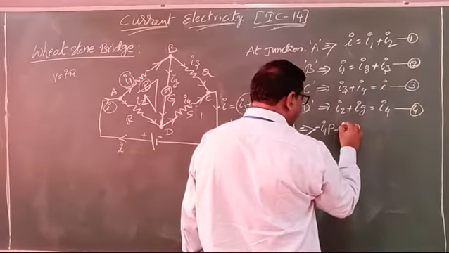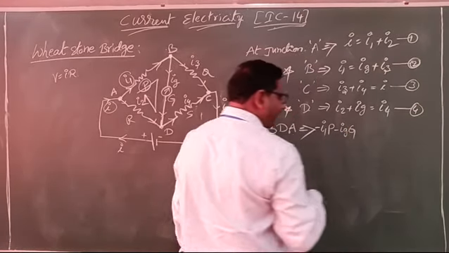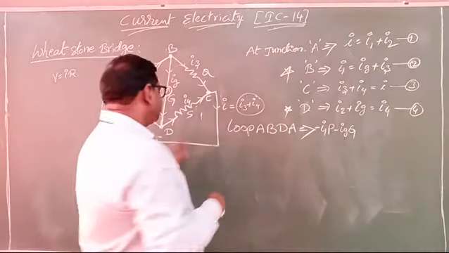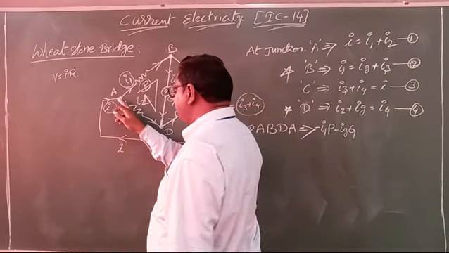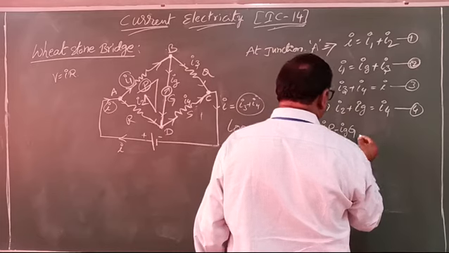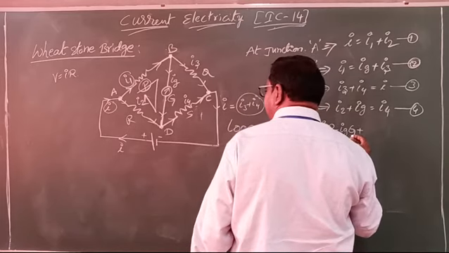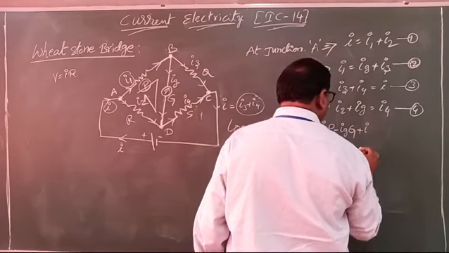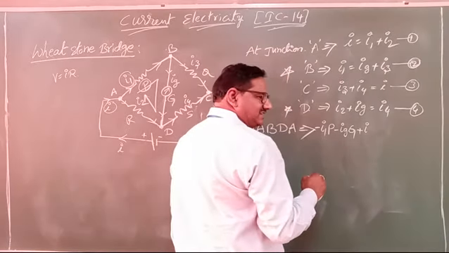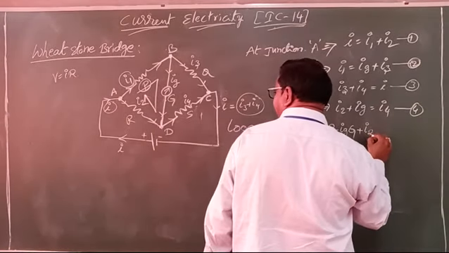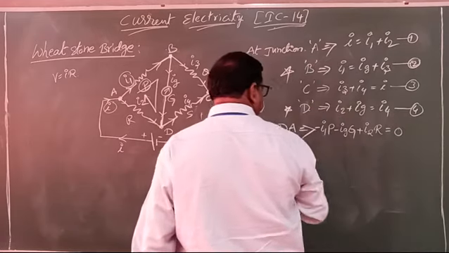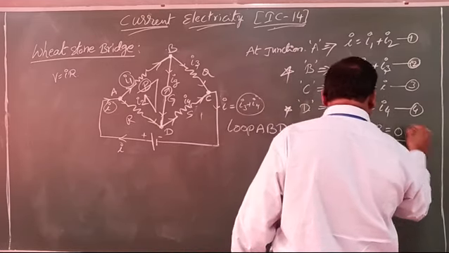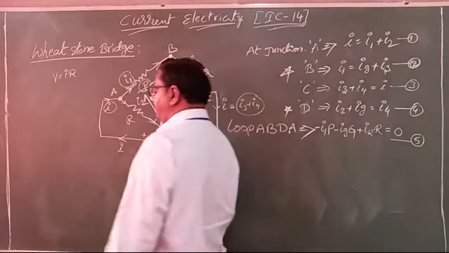So minus IG into resistance G. Next, we move from D to A, but the current moves from A to D, so it is opposite. When it is opposite, according to the sign convention, it is plus. Then plus I2 into R is equal to 0. This is equation number 5. This is the first loop.